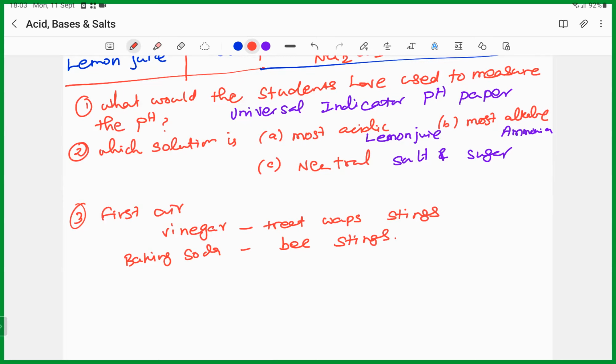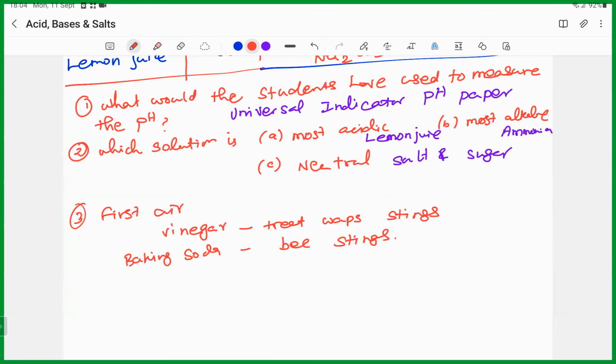So vinegar can be used to treat the wasp sting, and baking soda will be used for bee stings. So what does it tell?